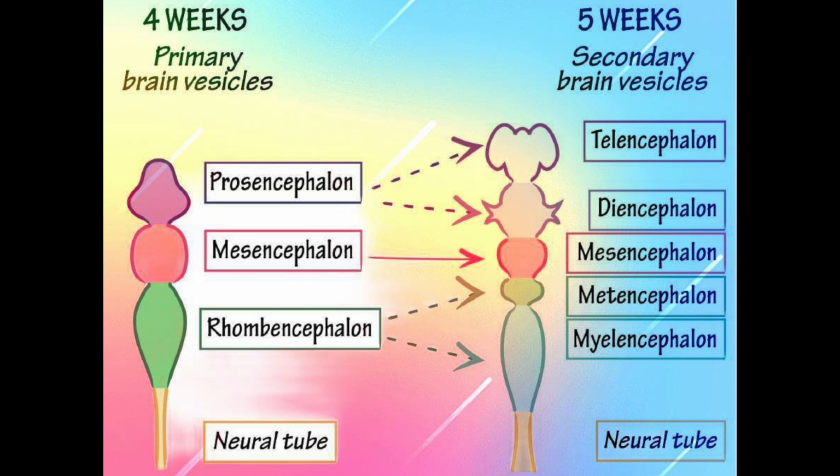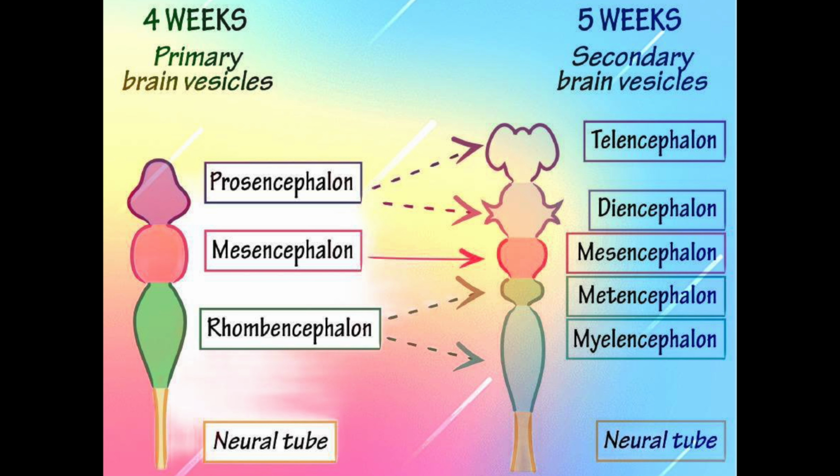Now, mesencephalon remains the same. It is still midbrain all the way till the cerebral aqueduct. The cerebral aqueduct that connects the third and the fourth ventricle is part of the midbrain formation. Don't forget that. Your rhombencephalon gives you what?